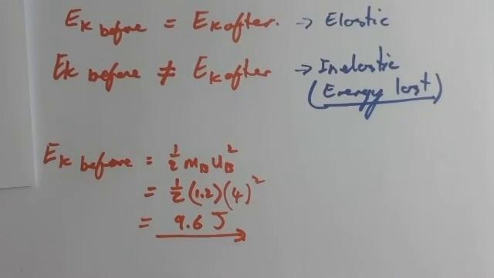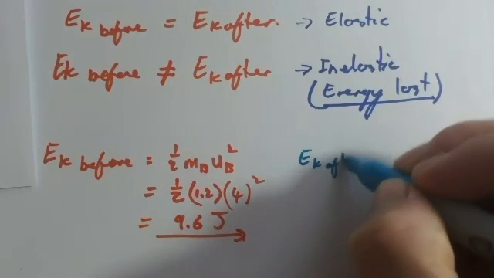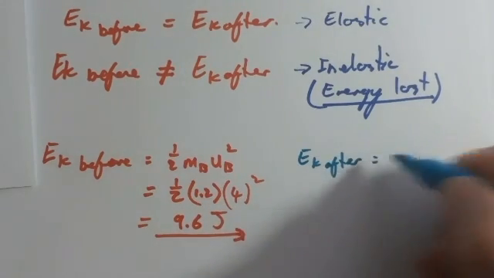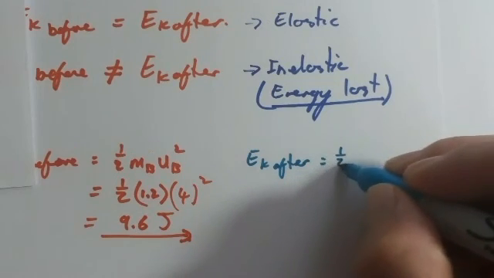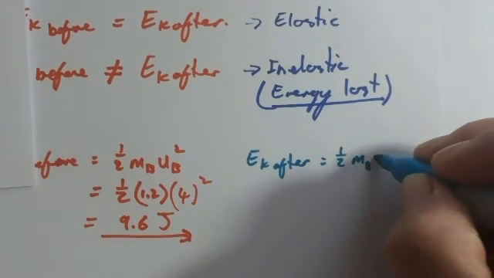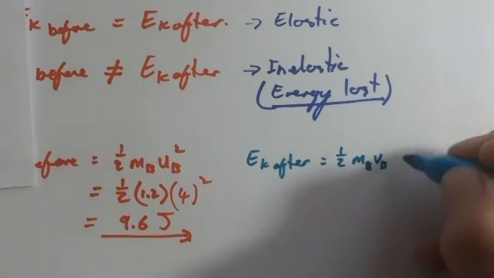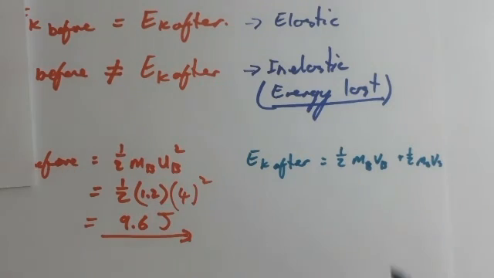Let's see, after my collision, what do I have? So EK after, now we have both. Remember, energy is a scalar, it doesn't matter the direction. A half MB VB squared plus a half MS VS squared in there.